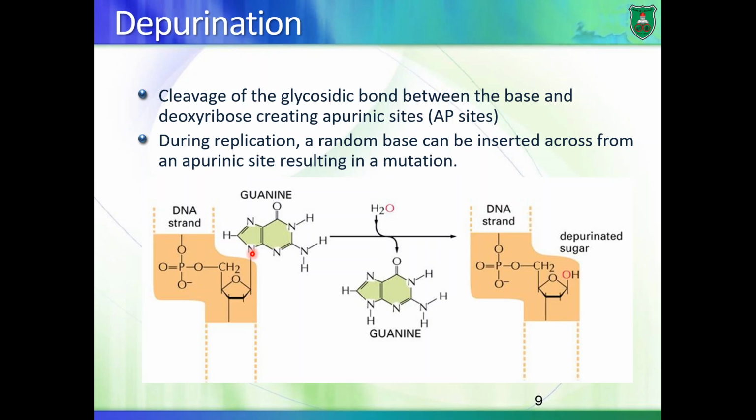So what happens sometimes is that this glycosidic bond is broken. It's cleaved. So the DNA in this case would be depurinated. That is, it doesn't have a purine. And this is known as an apurinic site. That is a site that does not have a purine.